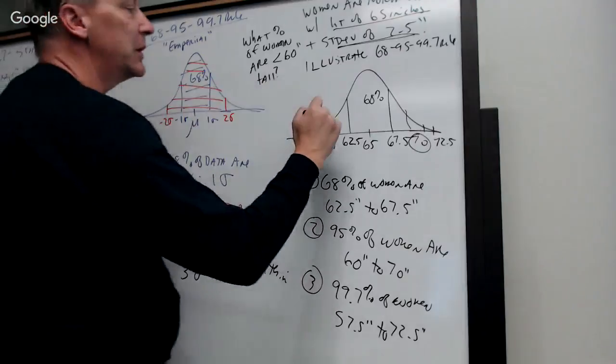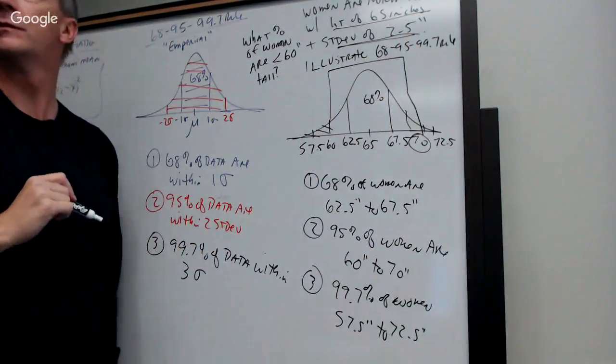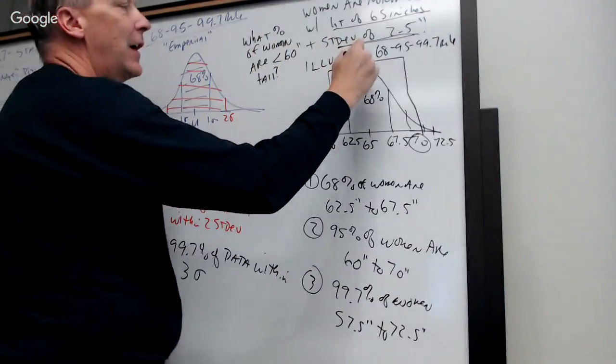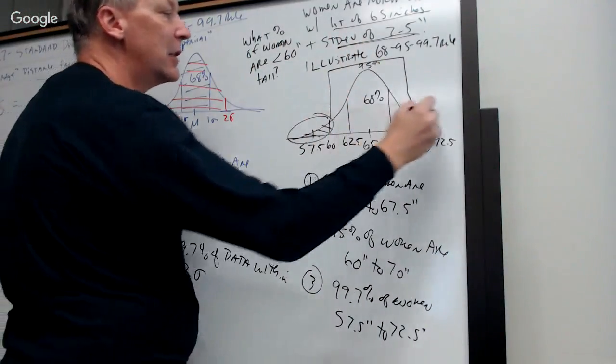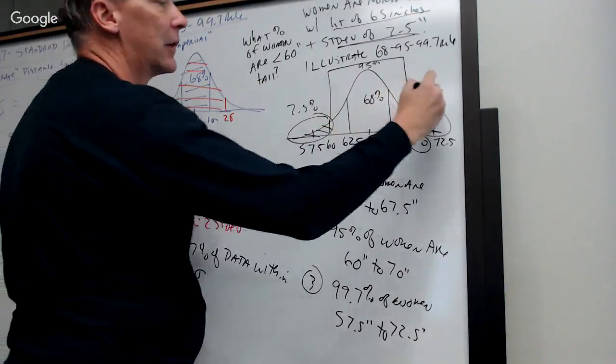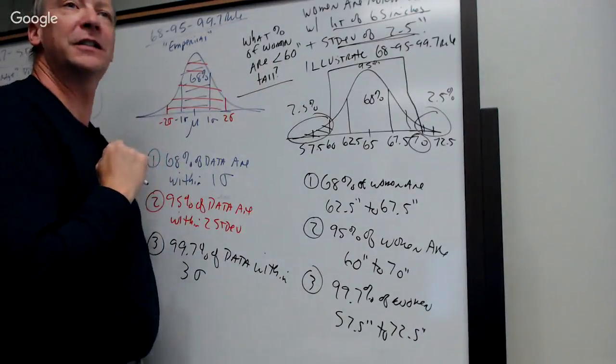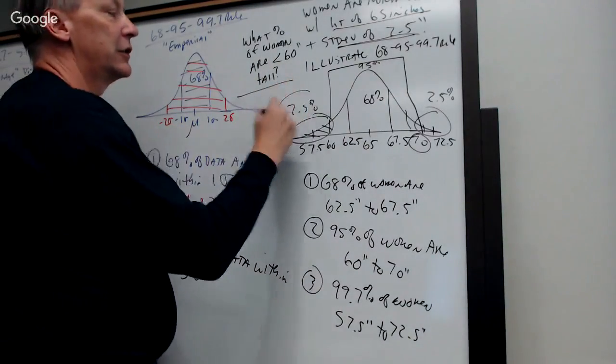We know that between 60 and 70 is 95%. So how much is in this tail and this tail? 2.5% for each side, right? So what percent of women are less than 60 inches tall? 2.5%.